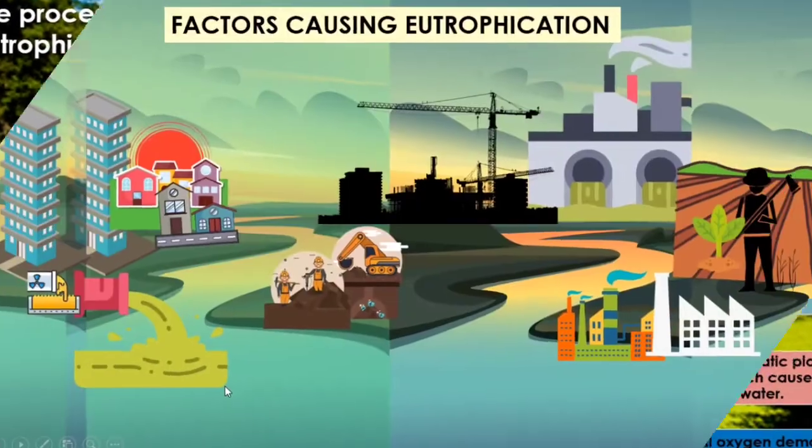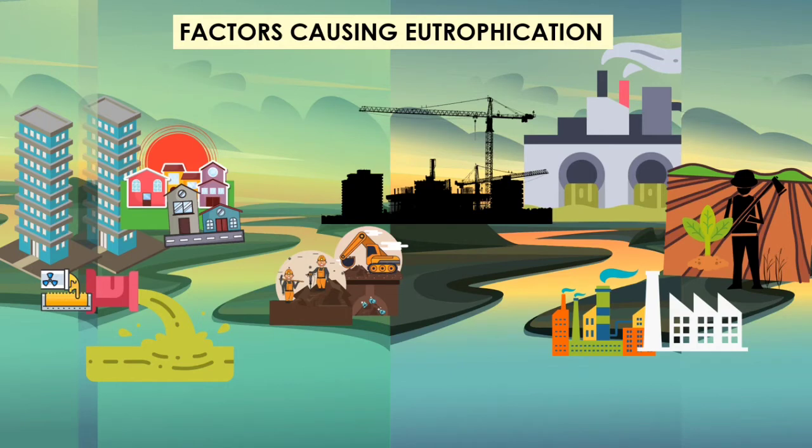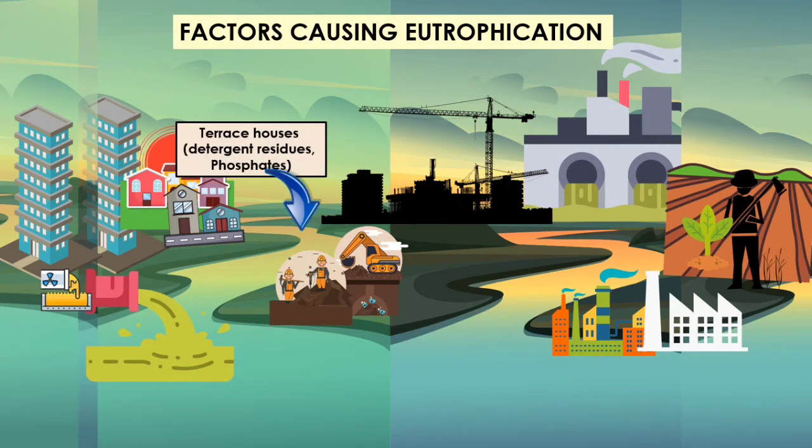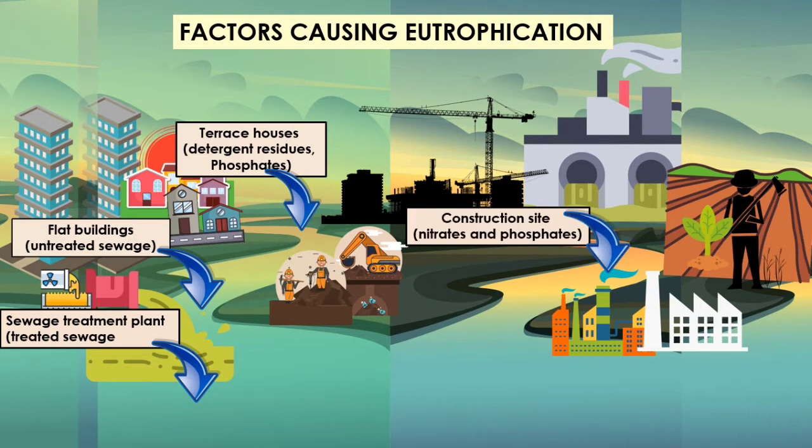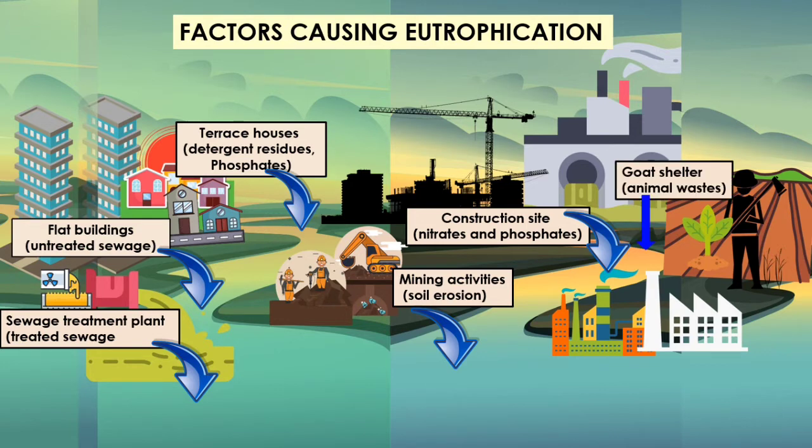Okay, these are the factors causing eutrophication. First, terrace houses: detergent residue and phosphate. Flat buildings: untreated sewage from a sewage treatment plant. Construction sites: nitrate and phosphate. Mining activity. Goat shelter: animal waste.